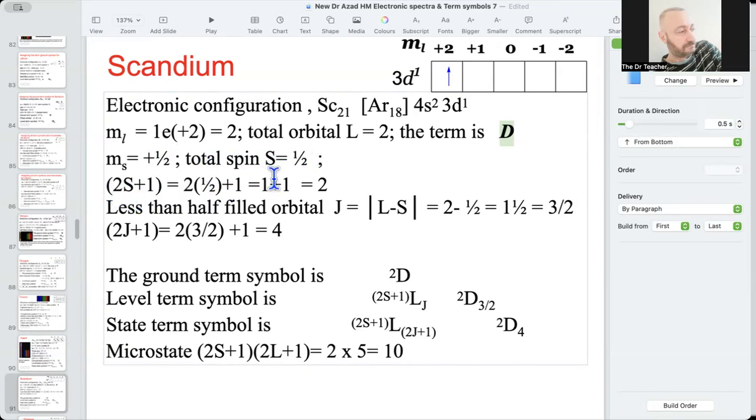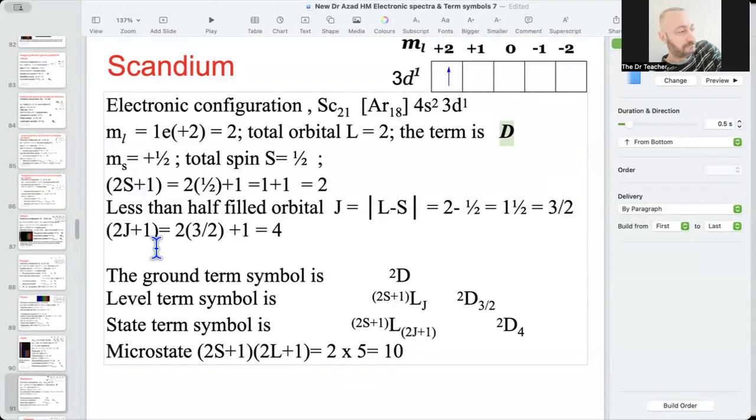2S plus 1 will be 1 plus 1, which is 2. Now we have 2S plus 1 as a superscript, and here J is what? Less than half filled, so you apply L minus S. L is 2, S is half, so it will be 1 and a half. 1 and a half, you have to turn it into 3 over 2.